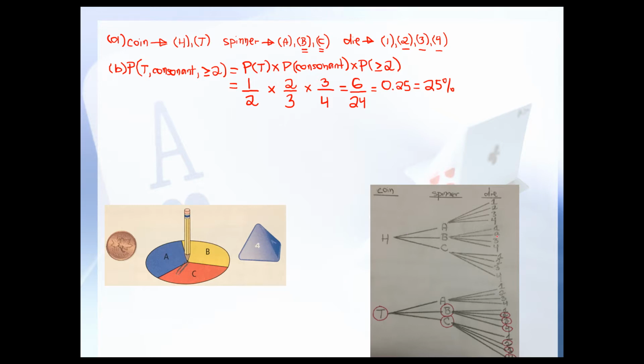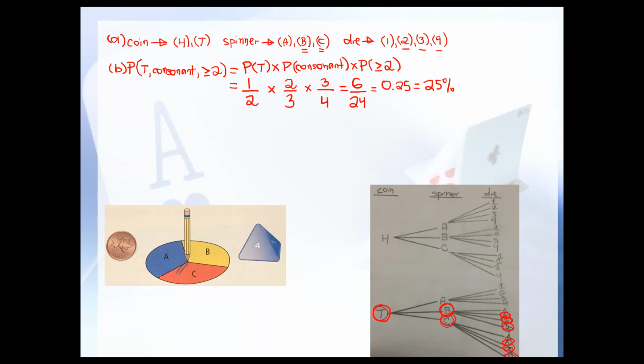Now, we could use the tree diagram here just to confirm that that is correct. If we look at the tree diagram, tails, consonant, and a number that is greater than or equal to 2.